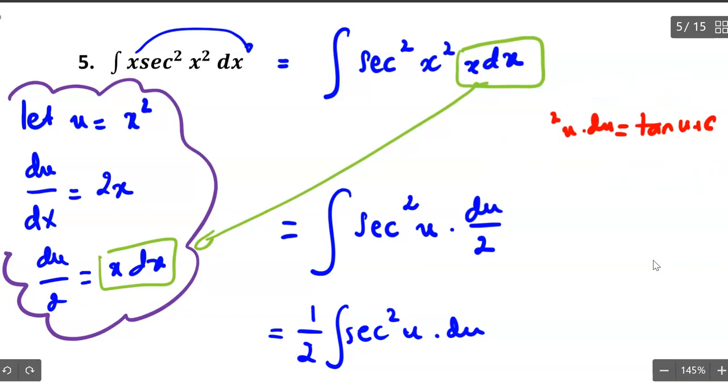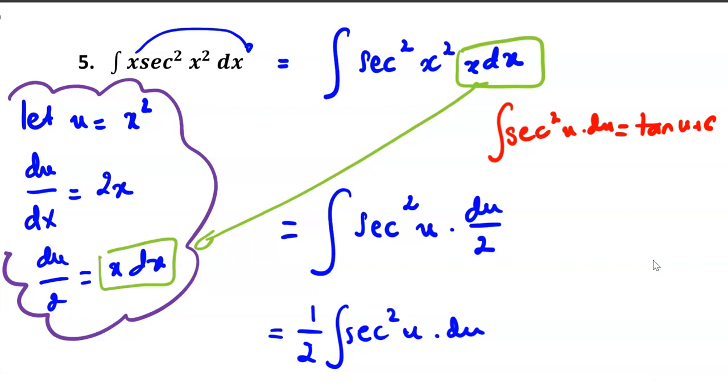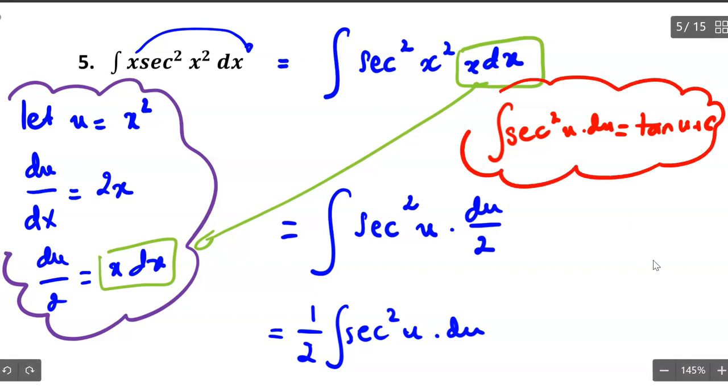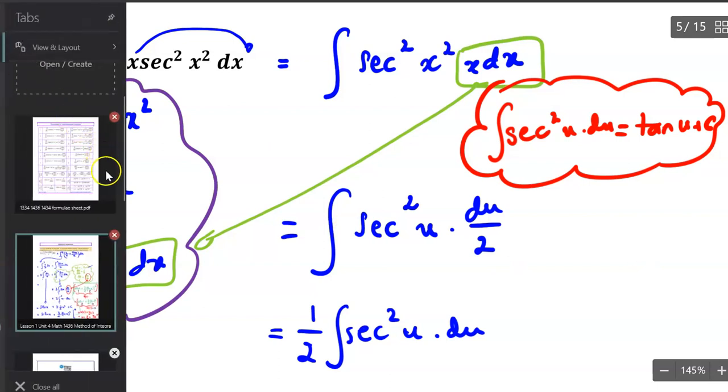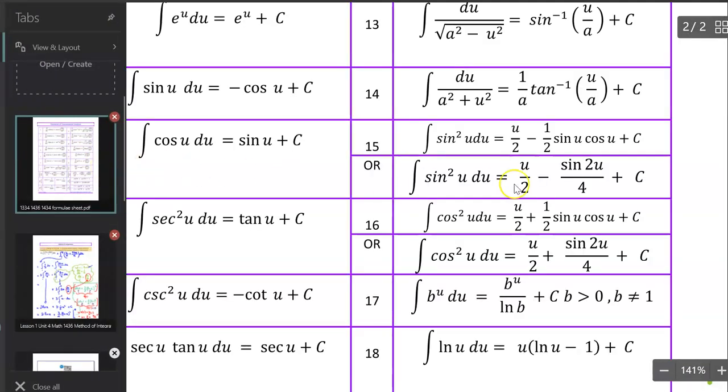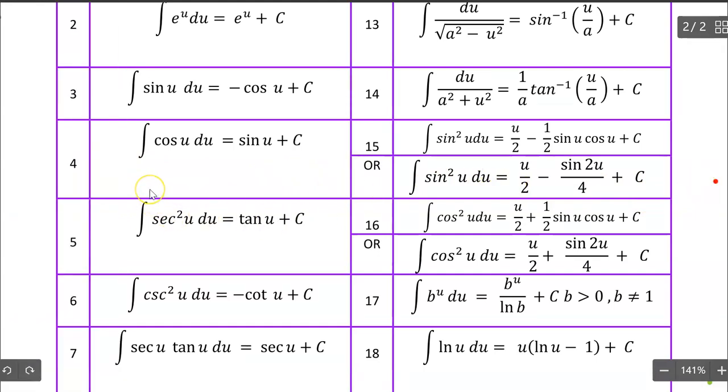So I have the integral of secant square of u times du will become tan of u. Let's double check. Sorry, I moved back and forth between the two documents. You can see that right here I have this formula that I have to work with. So integral of secant square u du becomes tan of u plus c.